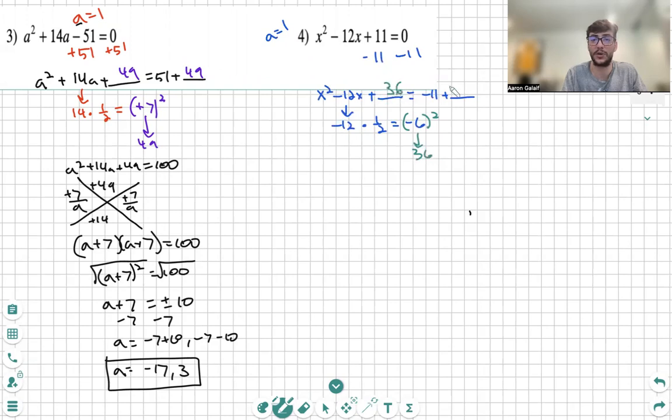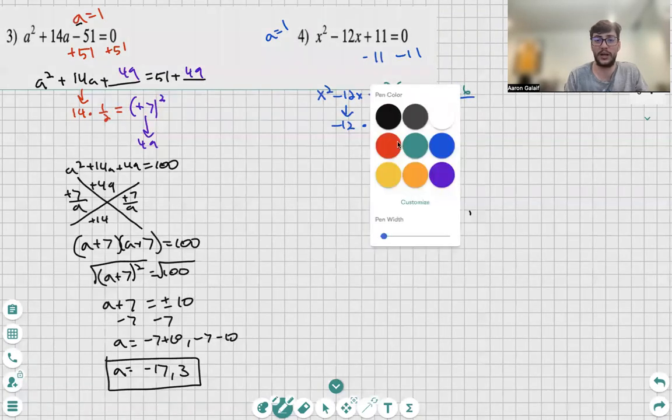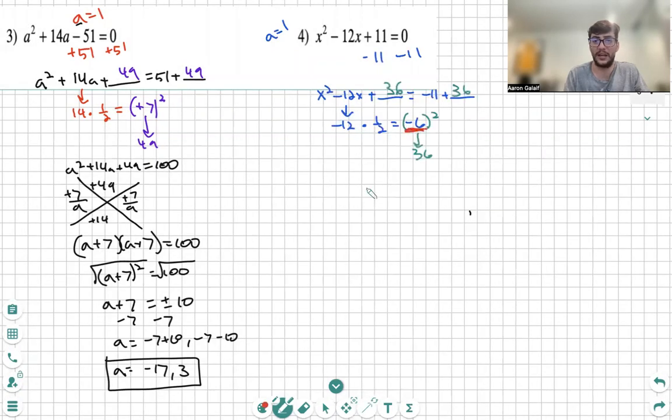So 36 will go up there. All right. Now from the shortcut, this is all I needed. X minus 6 squared is equal to negative 11 plus 36, which is 25. And then again, you just square root it. X minus 6 is equal to plus minus 5.